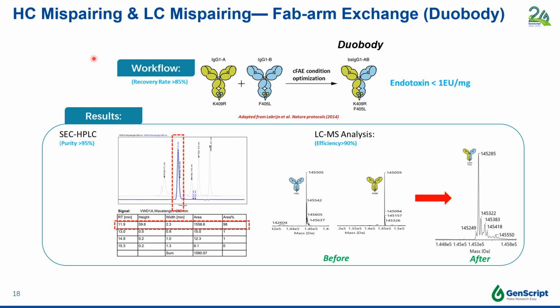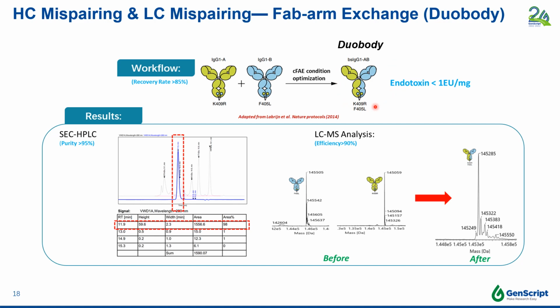The first method is Fab arm exchange, or DuoBody. Two IgGs with proper mutations on the CH3 region are expressed and purified respectively, and then reduced to half antibody and mixed at 1:1 molar ratio, and finally assembled to the right BsAb.